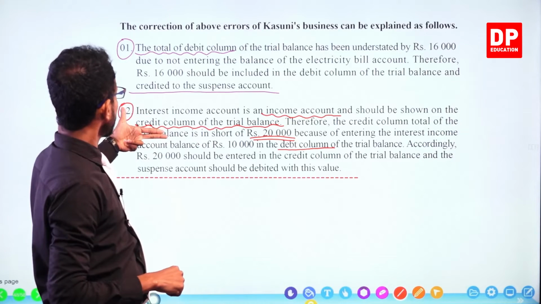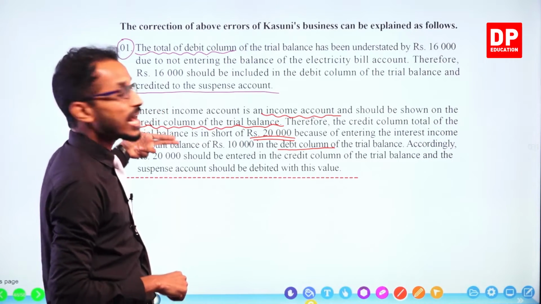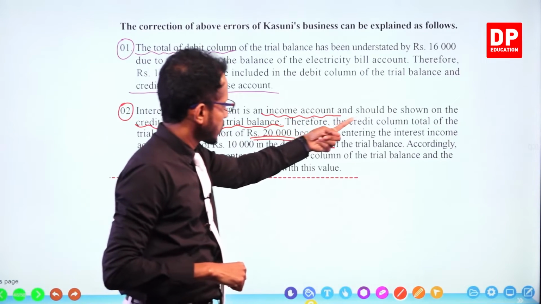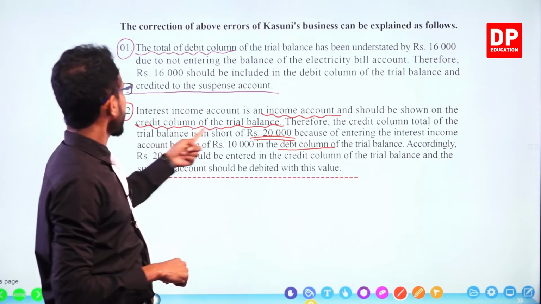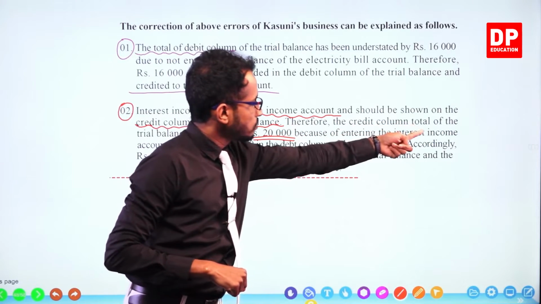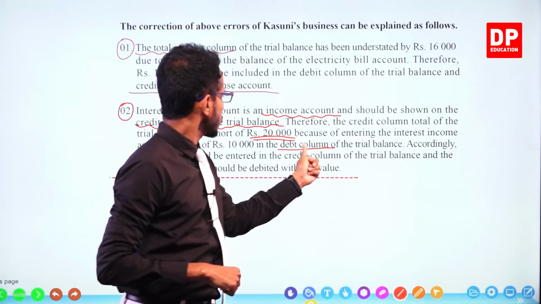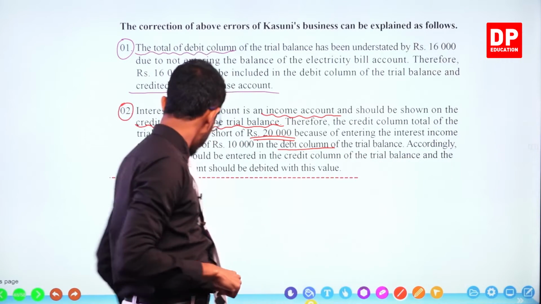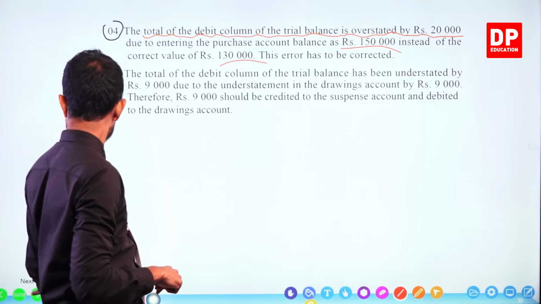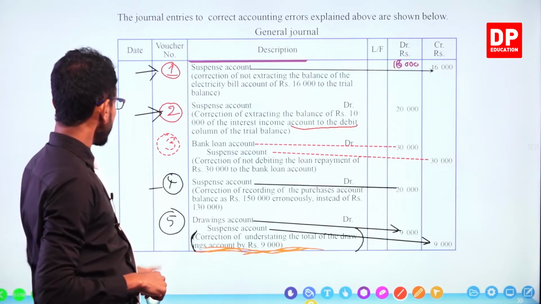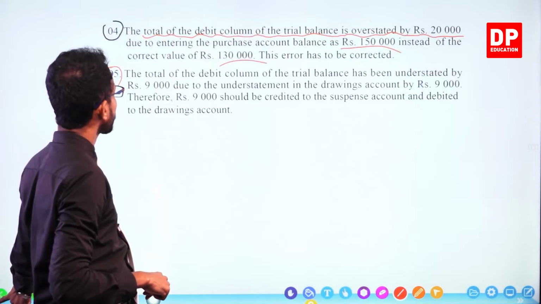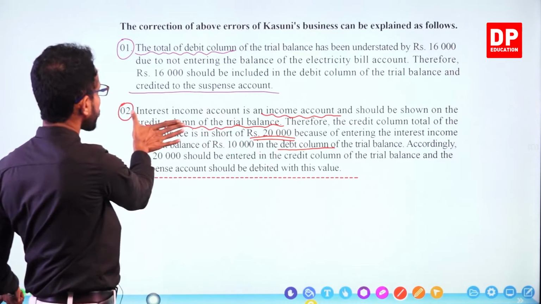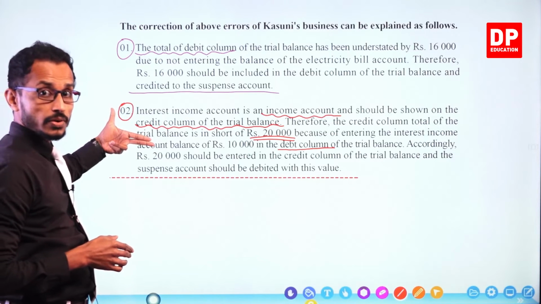This one also is an error which is in the trial balance, not in the ledger. Interest income account is an income account, so it should be shown on the credit side of the trial balance. But the income account balance is in the debit side of the trial balance.